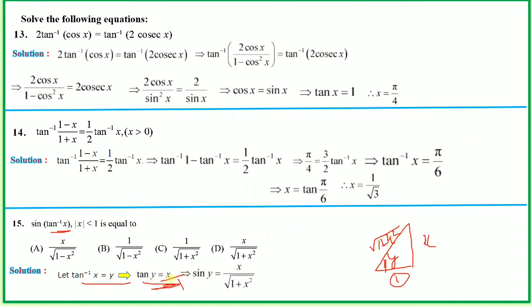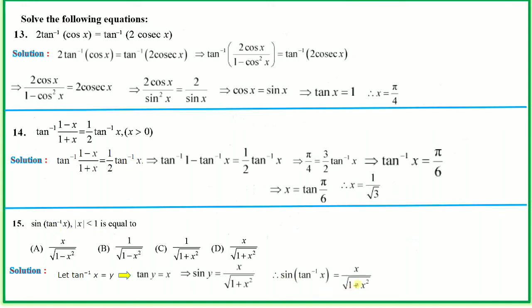Then if tan y is equal to x, then sine y is perpendicular upon hypotenuse, so x upon under root 1 plus x square. I hope it is clear. Then sine of tan inverse x, the question, equals x upon under root 1 plus x square. So that means option D is the right option.